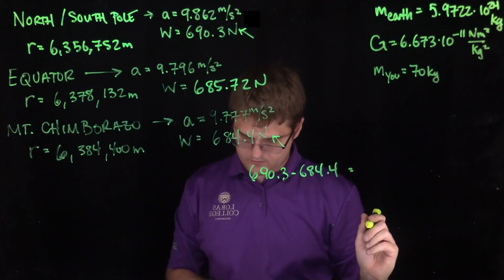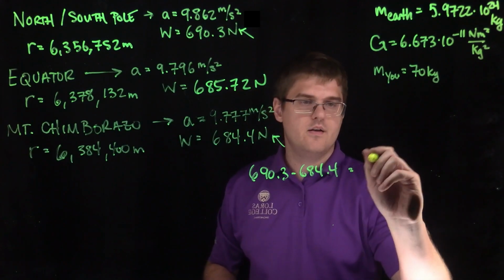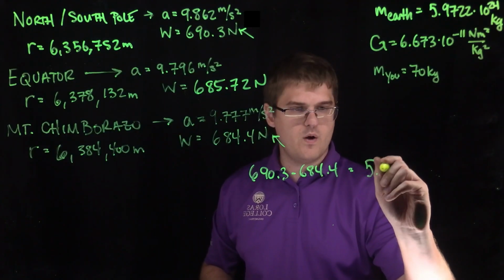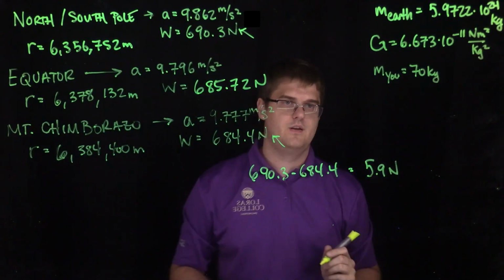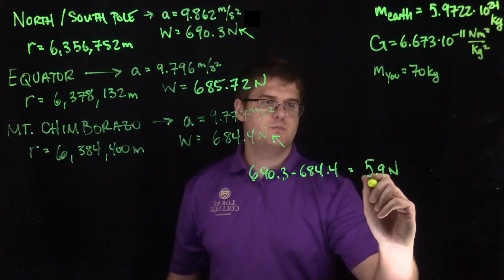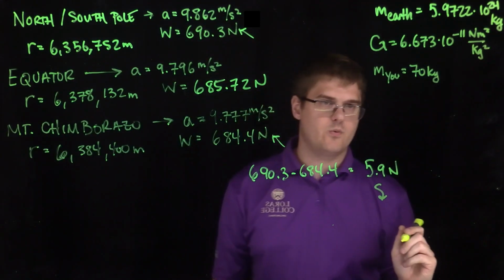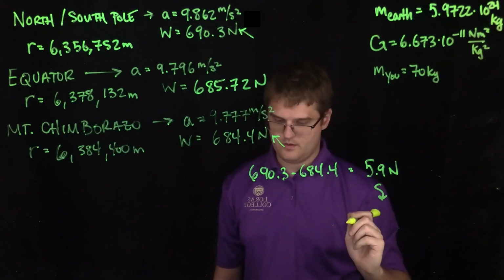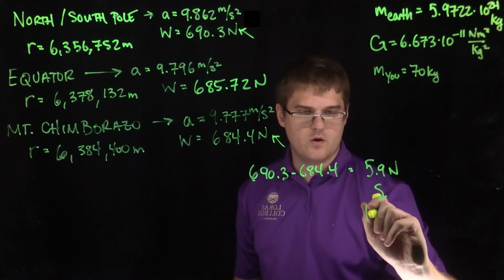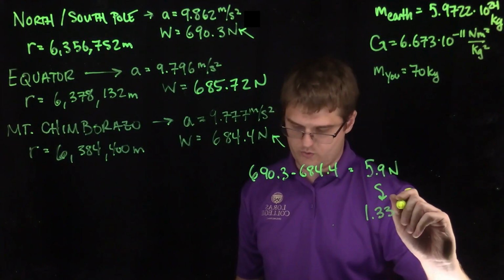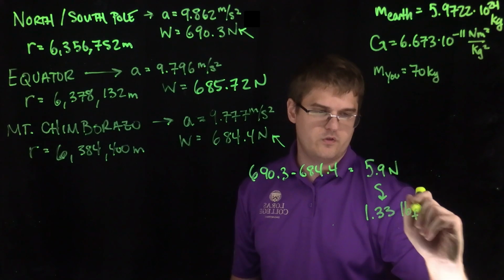So our weight has changed by 5.9 newtons, which for perspective is easier to work in metric, but you guys are going to relate more to this, is 1.33 pounds force.